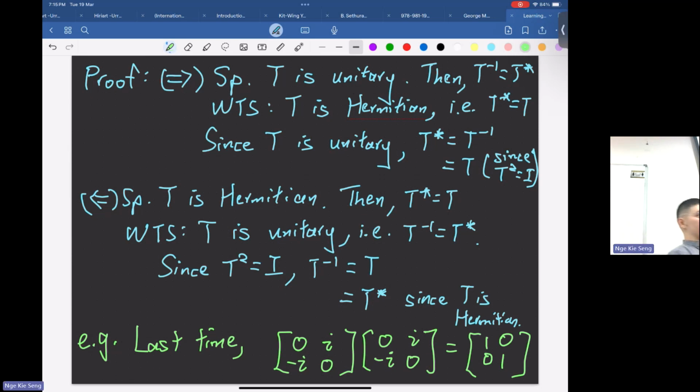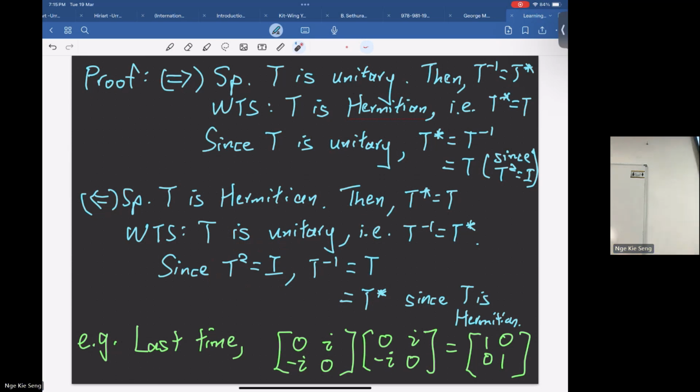So if it is Hermitian, then the complex conjugate of this matrix is itself, and it squares to identity. So this is unitary. This is a very ideal case. Do I need to assume that the inverse exists? T squared equals identity already tells you the inverse.